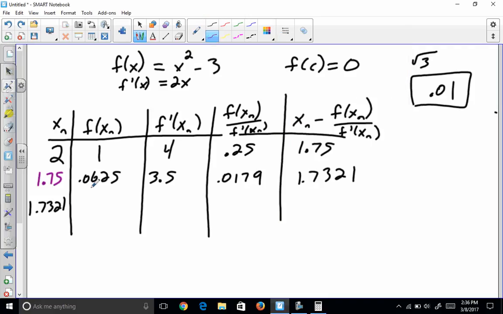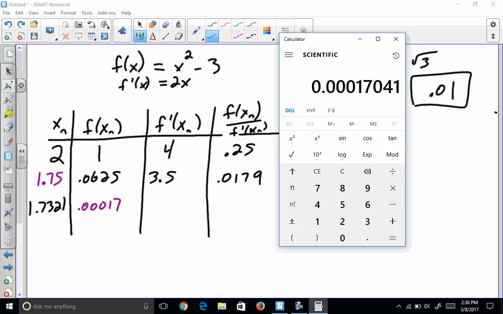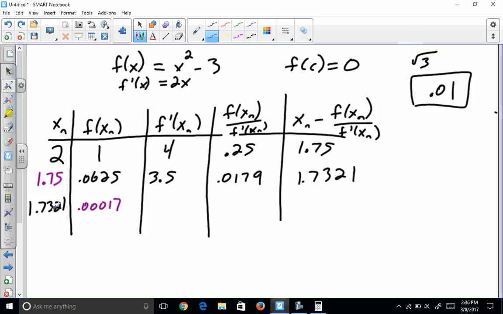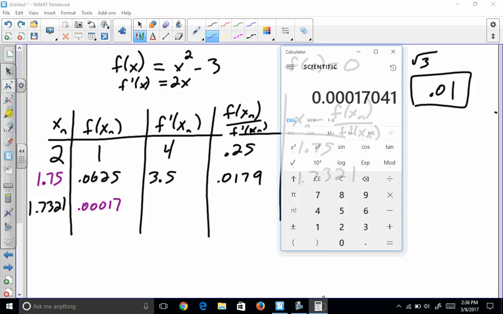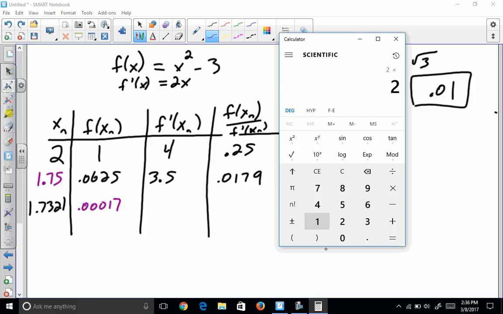0.00017. Then we're going to substitute that into our derivative. So 2 times 1.7321, 3.4642.